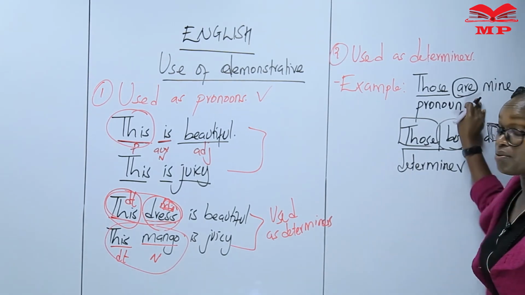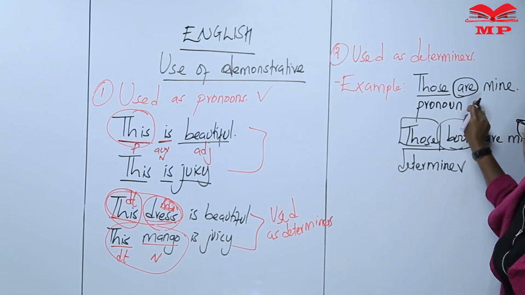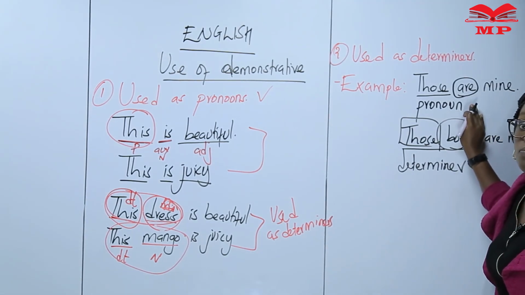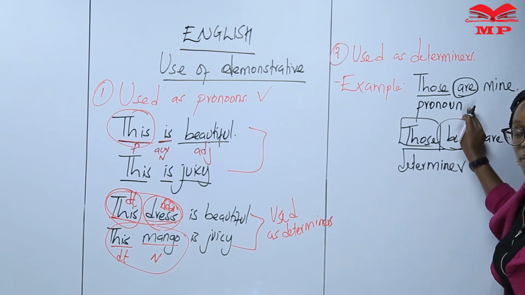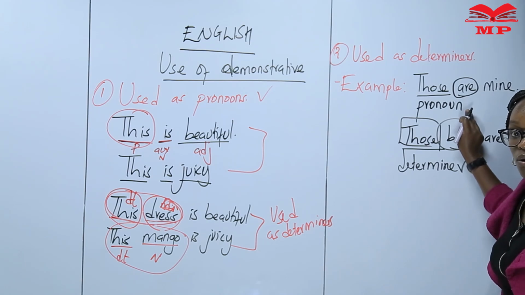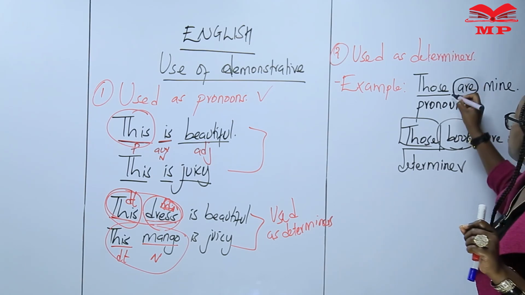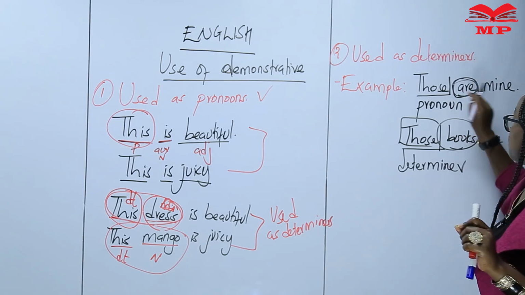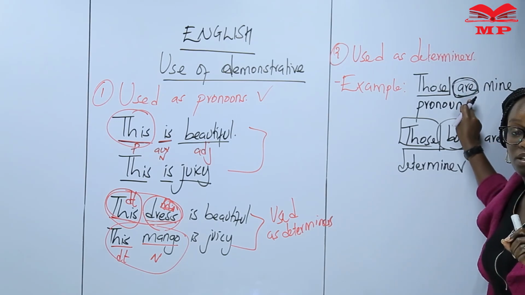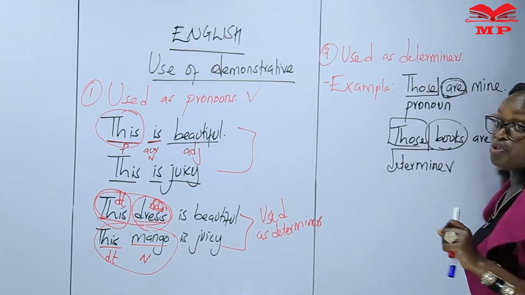Remember, this is an auxiliary verb derived from the forms of the verb to be. We always say we are. Remember, we is also a pronoun used in plural. Therefore, if your demonstrative is in plural, your verb should denote the same, and also your subject.